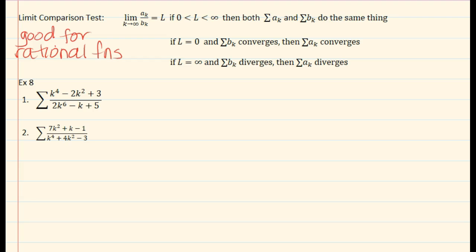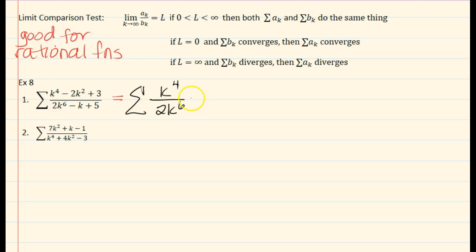So let's say we want to find what happens to this series. If we were just going to look at what it looks like, we're going to have k to the 4th over 2k to the 6th. Notice I'm just looking at those with the biggest exponents because that kind of guides what our series is going to look like.